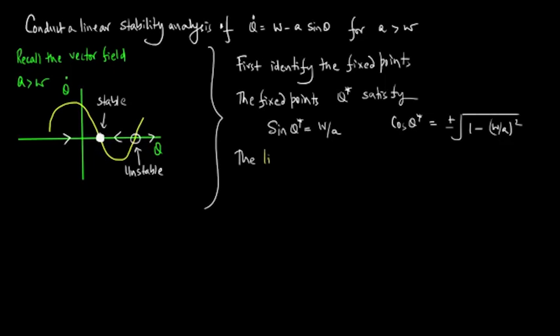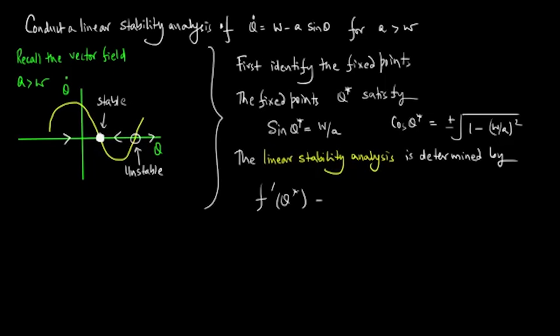So from the previous analysis, we know that the linear stability analysis is determined by f prime of theta star, which is equal to minus a cos theta star, which is equal to minus or plus a times the square root of 1 minus (omega by a) squared.